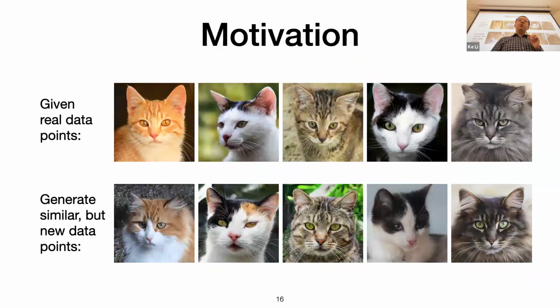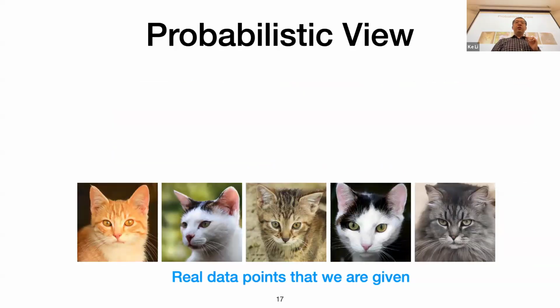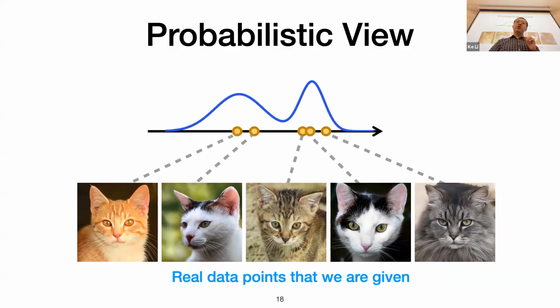And the way that generative models do this is to essentially try to model the underlying probability distribution. So let's say, for example, in this problem, if we're given a bunch of real data points, real images of cats, the goal of generative models is to just generate other similar examples that are also cats. And the way we do that is to say, well, we are going to view these different images of cats as just samples from some underlying probability distribution.